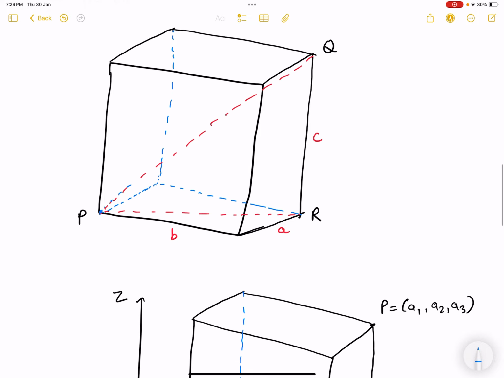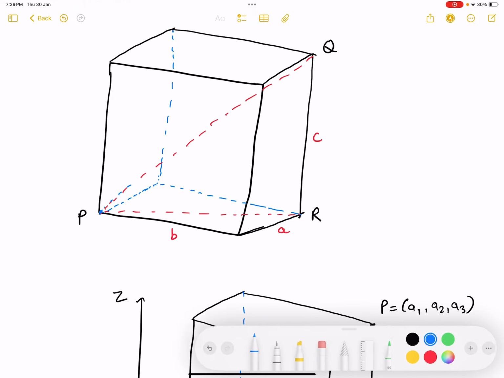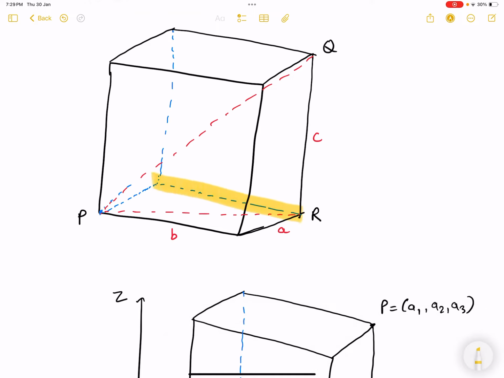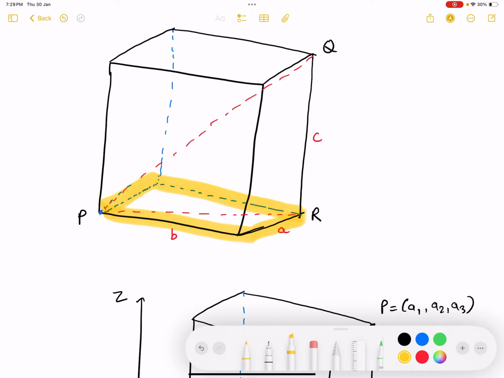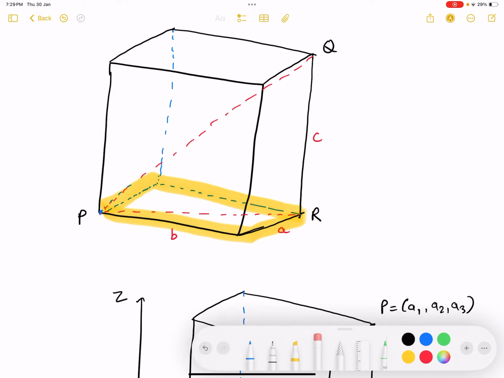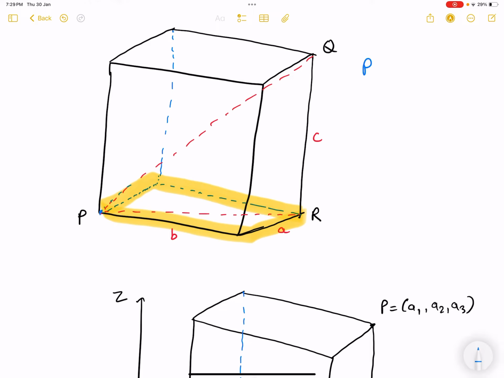Looking at this initial base, which I'll mark with yellow, the diagonal PR, marked in red, using the same Pythagoras theorem, PR square would be B square plus A square, right?